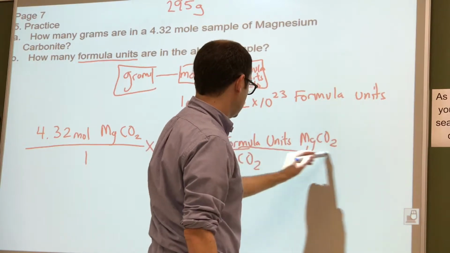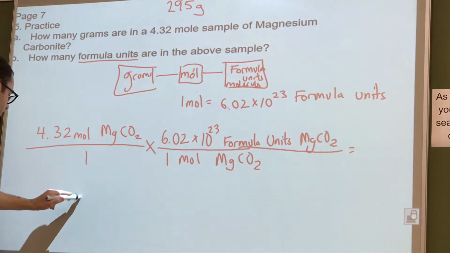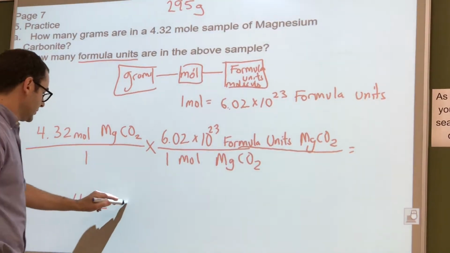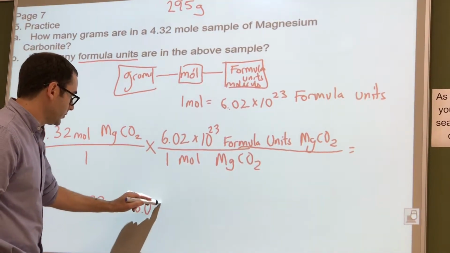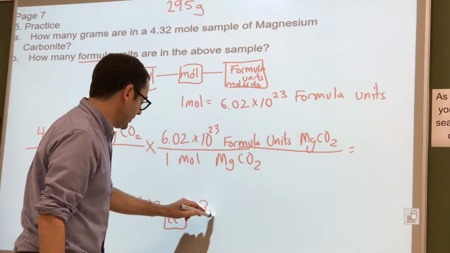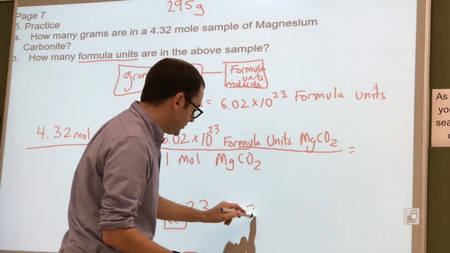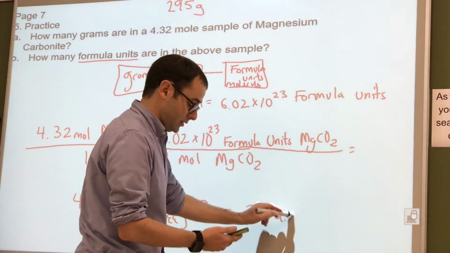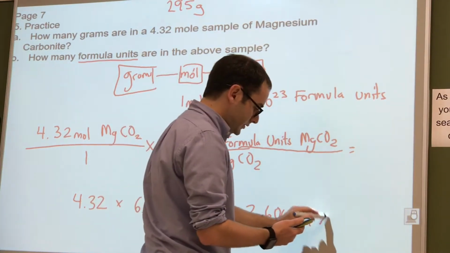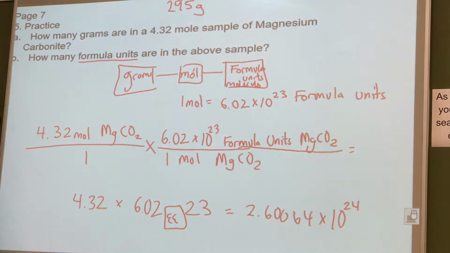All right, and then what do we do? Okay, so to put it in your calculator, it's going to be 4.32 times 6.02, that E button, 23, right? That's going to give you 2.60064 times 10 to the 24th. Okay, now with this we need to talk sig figs, right?